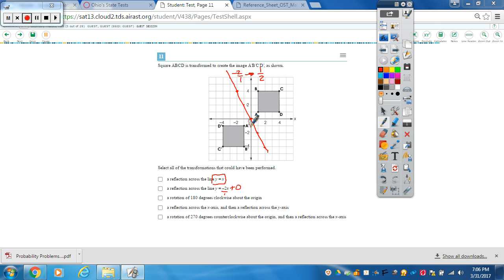Up a half over 1, I'm not even there. So I'll go up a bit. Up a half over 1. I guess the easiest way would be to draw a line perpendicular. Up 1 over 2. This line would be perpendicular to that line.